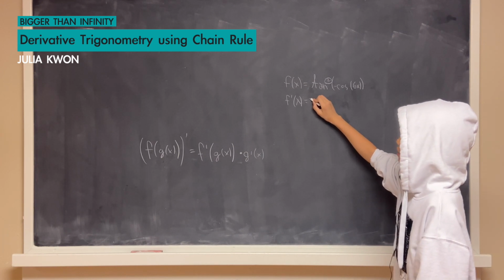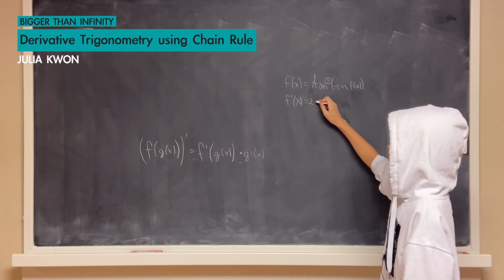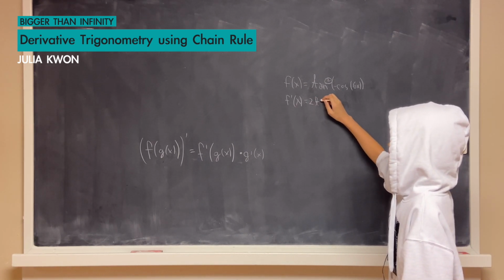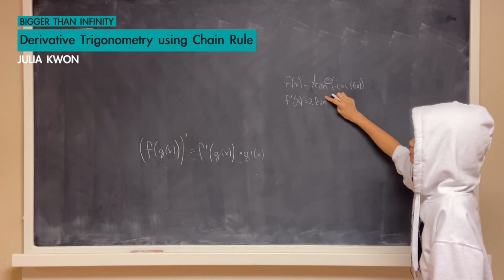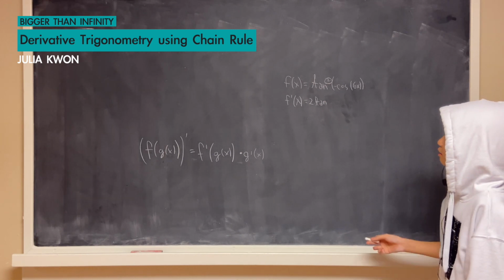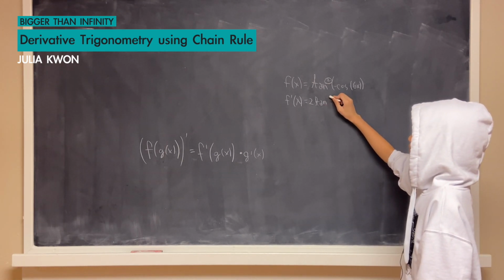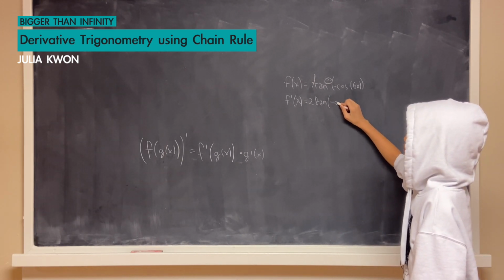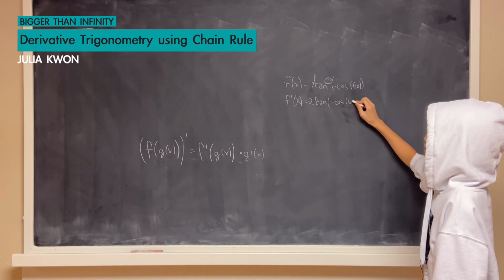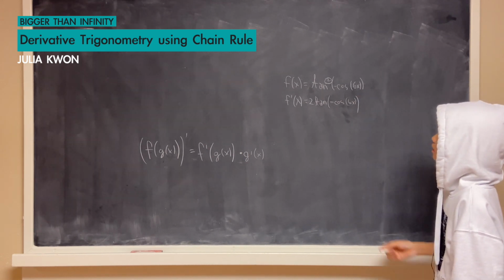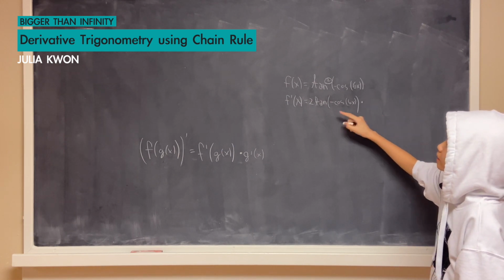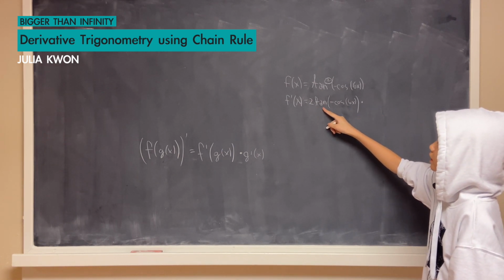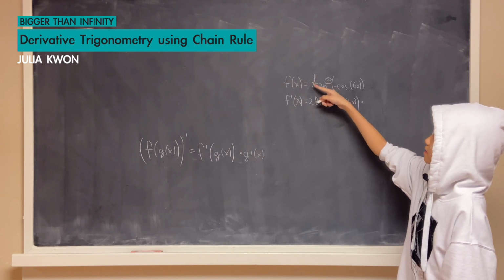So 2 comes in the front, so 2 times tangent, and there's a 1 here, but there's no point in really writing that, and leave the rest of the things alone, and then multiply this by the derivative of the tangent, because we didn't do that yet.